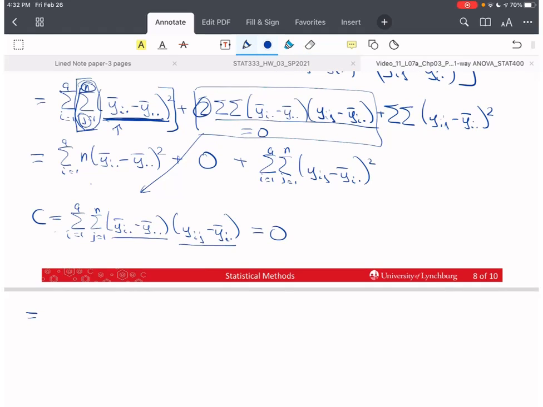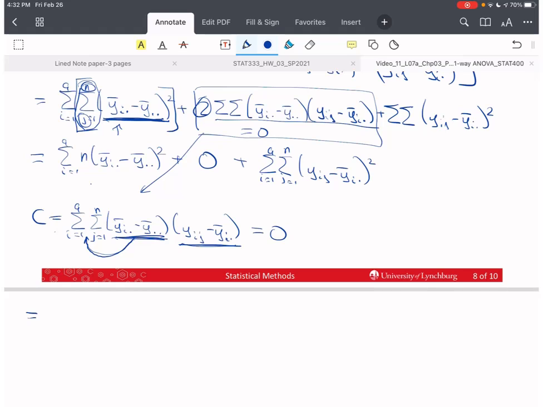So I can move this in front of this summation because there's no j there. Now, I can't just move it all the way out to the end, and I can't move this one before the j, but I can factor out this because it doesn't have any terms of j, right?